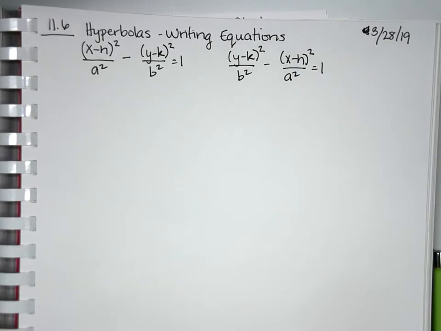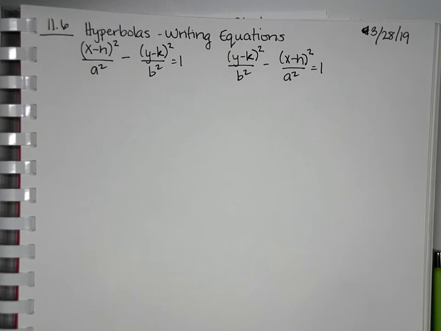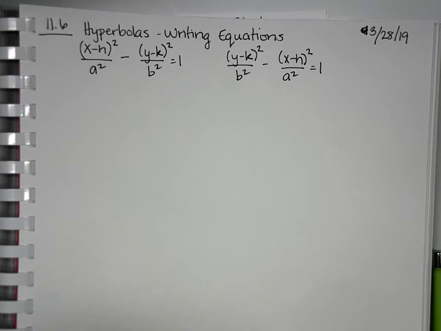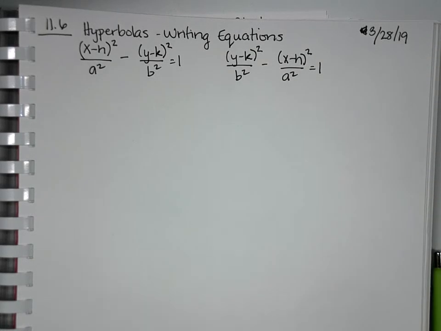So similar to the ellipse, it has to always equal 1. And this is the one where the variable, x or y, that comes first in our equation is the direction that our hyperbola is going. So that's going to help us determine which form we're going to use.